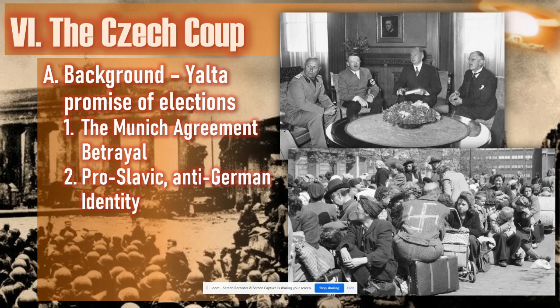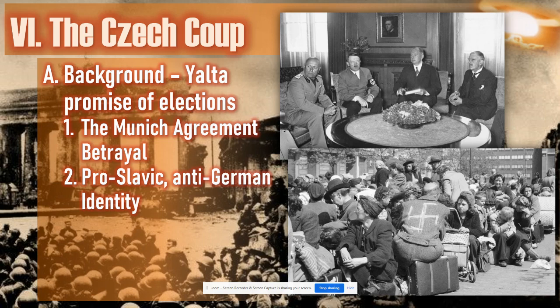The mostly Slavic Czechs, or excuse me, the Czechs who are anti-German and the Slavics of Slovakia in the east, they're going to see themselves as having closer ties to the Soviet Union, who are ethnically Slavic, than any other parts in Europe.